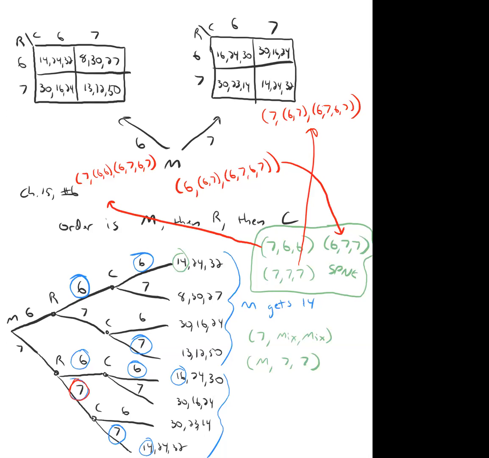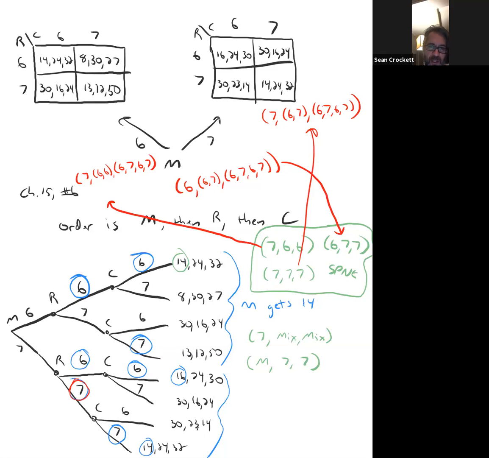So it will be M picks 6, and then R picks 6 or 7, and then R picks 6 if player 1 picks 6, and R picks 7 if player 1 picks 7.